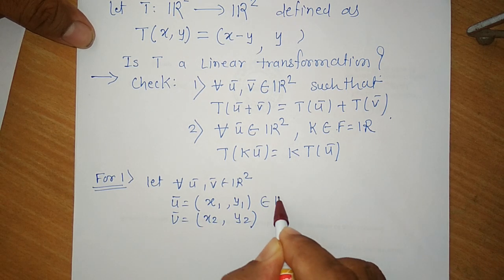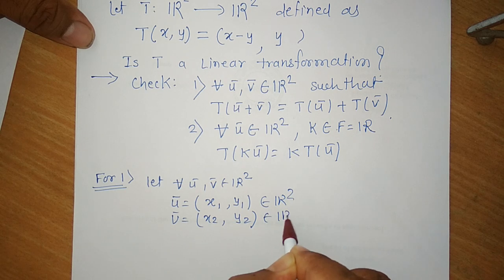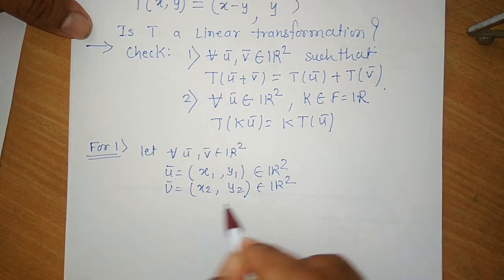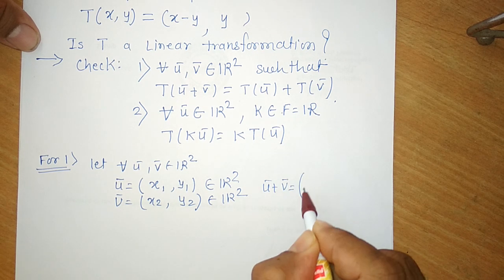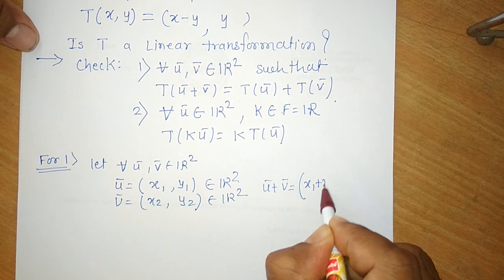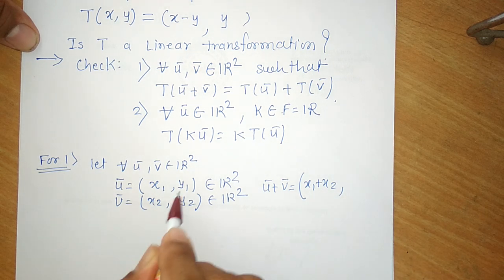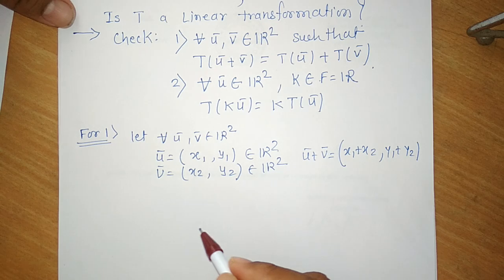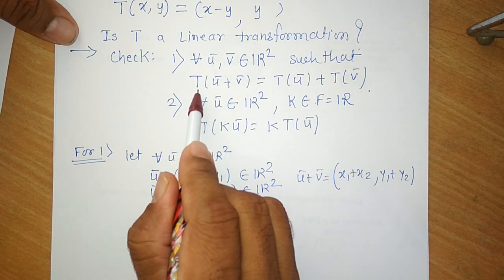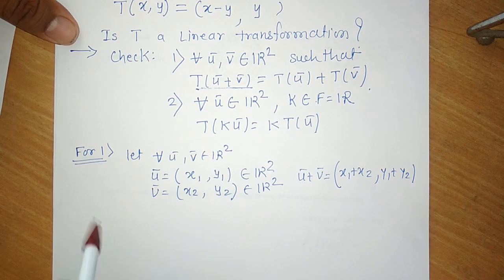These are two vectors in R raised to 2, the domain set. We find their addition, u bar plus v bar, component wise: x1 plus x2, comma, y1 plus y2.